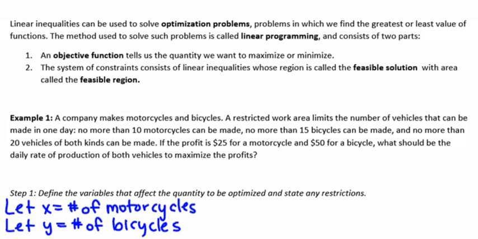Any restrictions that we have? Well, we know we can't make half a motorcycle or half a bicycle, and we can't have -5 bicycles and -20 motorcycles, so we're looking at whole numbers here. X is an element of the whole numbers, and Y is an element of the whole numbers only.